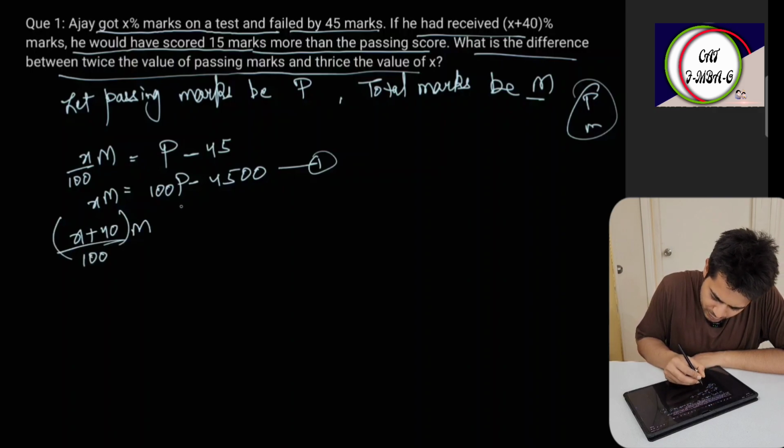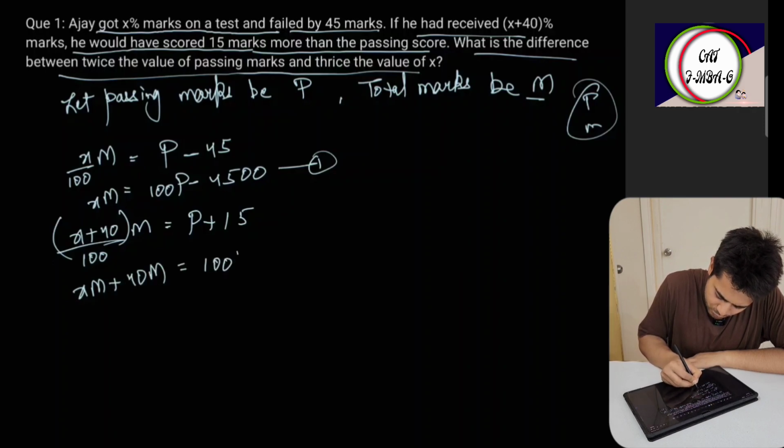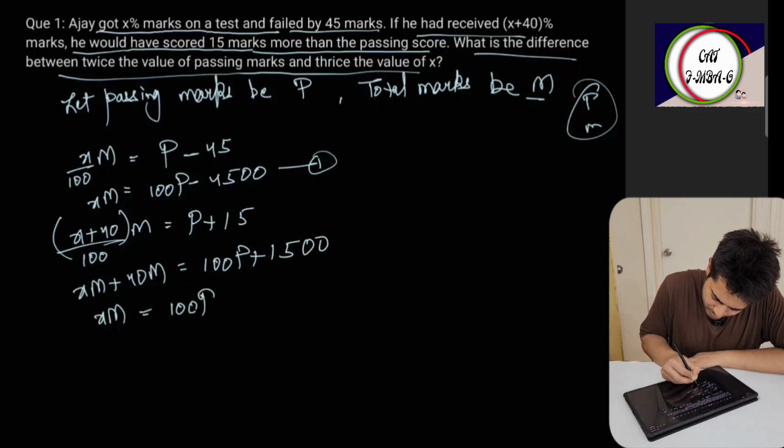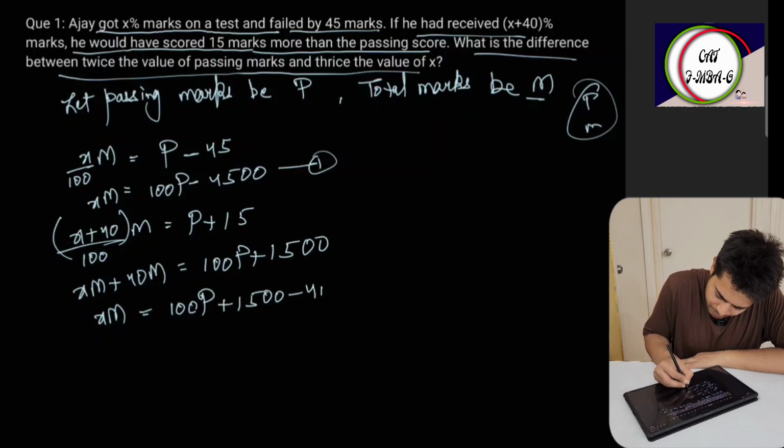he would have scored 15 more marks than the passing score. So you can write it as XM plus 40M is equal to 100P plus 1500. Or you can write it as XM is equal to 100P plus 1500 minus 40M.